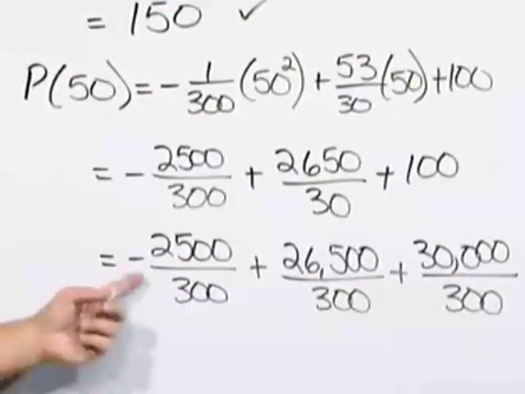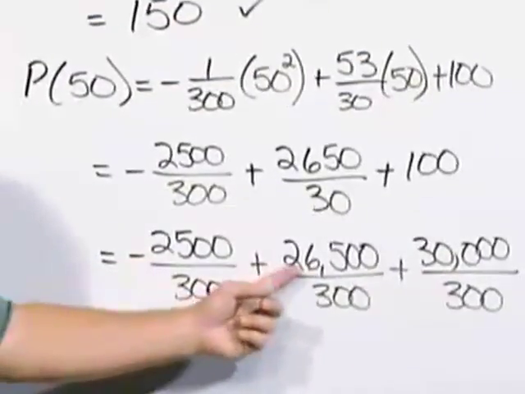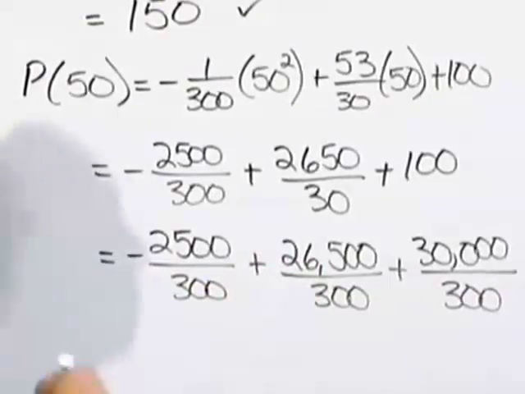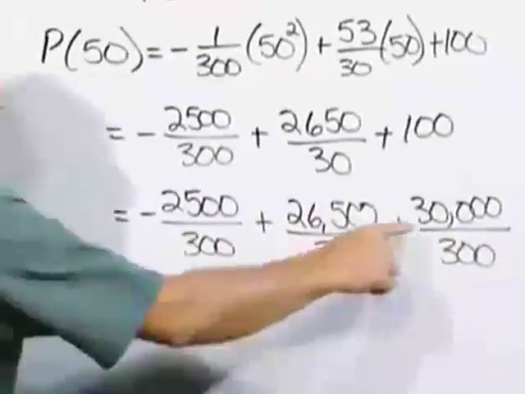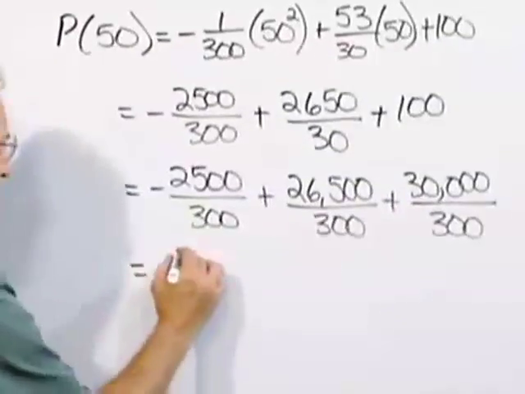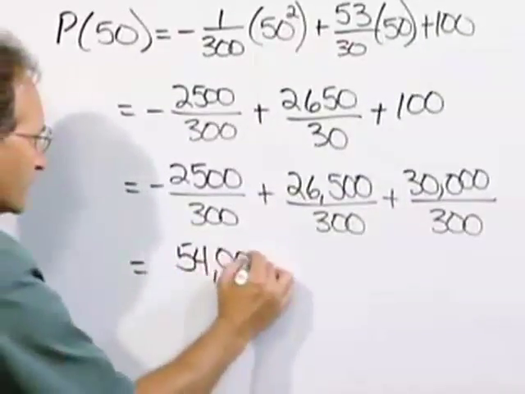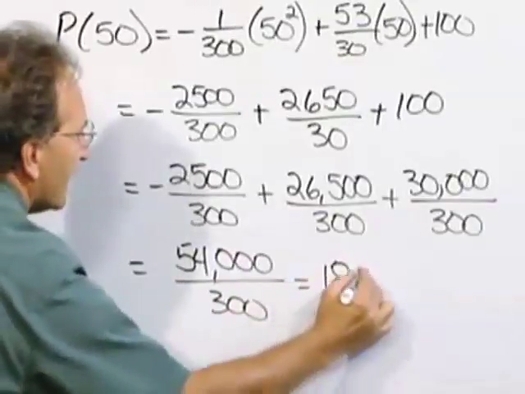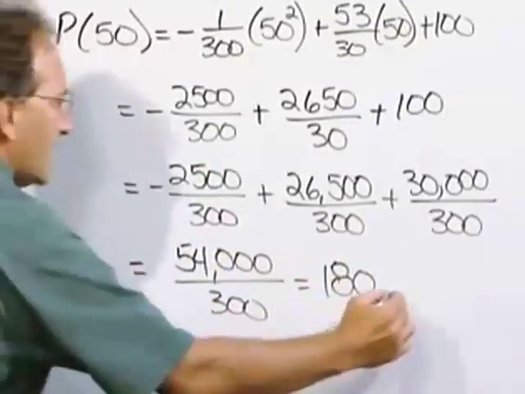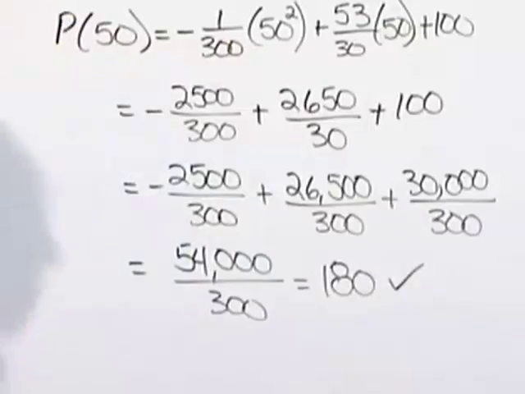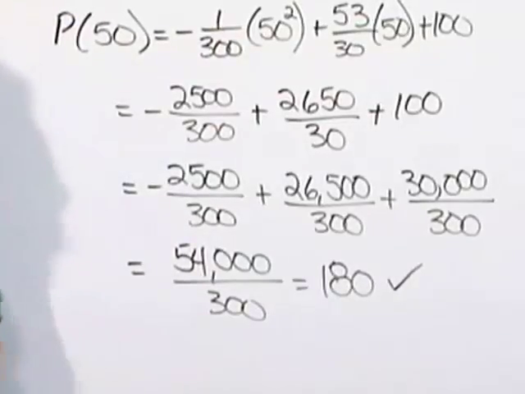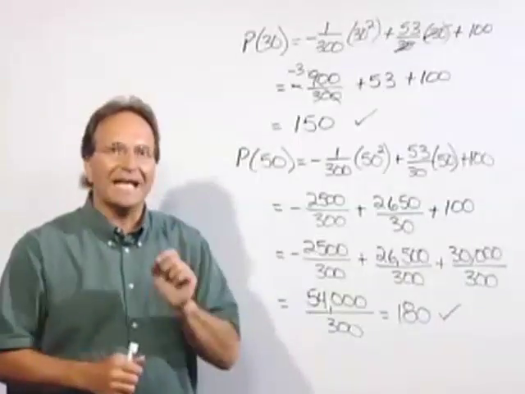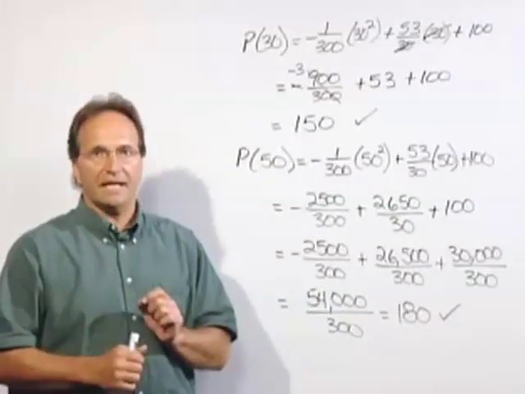When we do this, negative 2,500 plus 26,500 yields 24,000. Add that to the 30,000, and we have 54,000 over 300. When we divide that out, it will equal 180, and that then checks. So we can conclude for part A that the model does fit exactly the table of data.